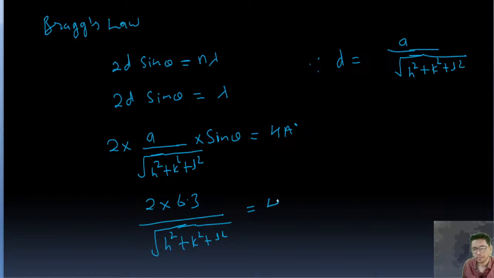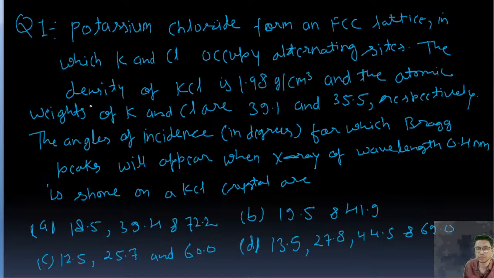Now for the FCC lattice, there is a selection rule which I have already mentioned in my lecture on condensed matter physics. Bragg's peaks will appear at the angle of incidence when X-ray of wavelength 0.4 nanometer is shone on the KCl crystal.